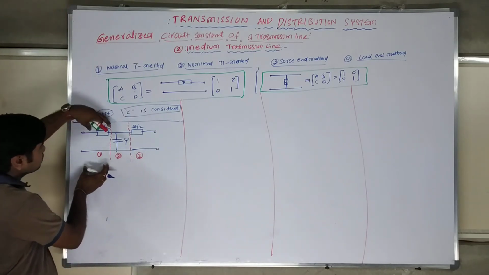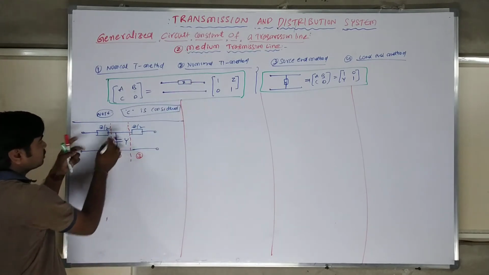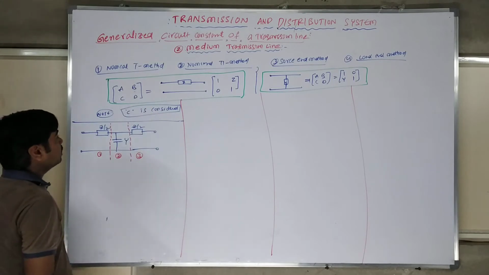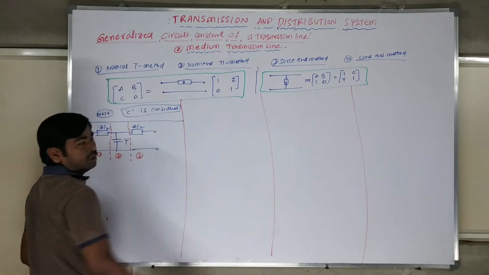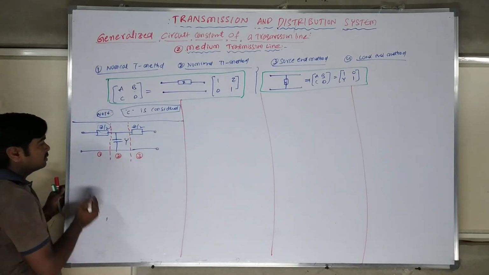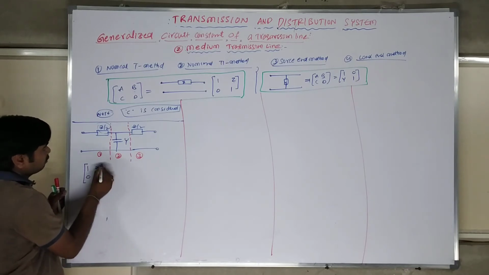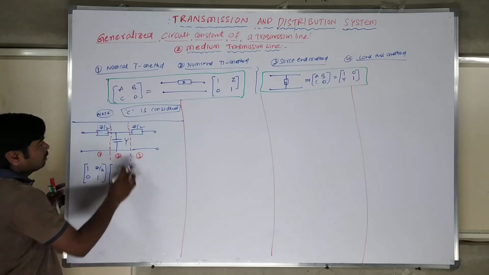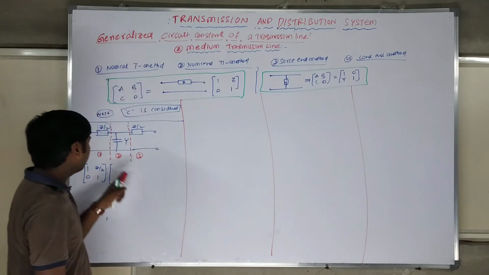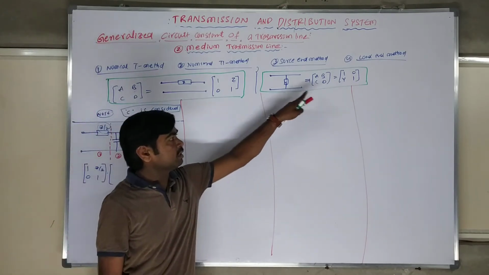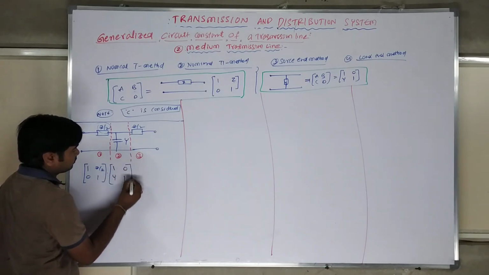Part 1 looks like an impedance model with Z by 2, so we write the matrix 1, Z by 2, 0, 1. The middle part 2 looks like an admittance model with admittance Y, so we write 1 0 Y 1.